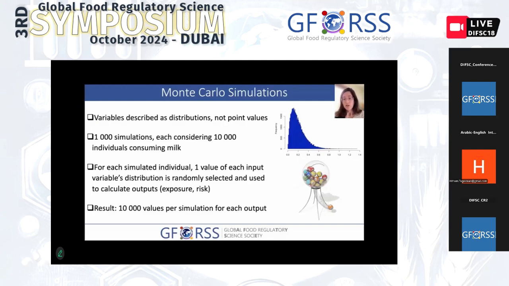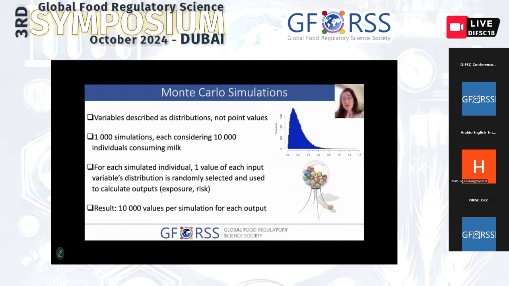The Monte Carlo simulation is programmed such that for each individual, a random value of each of these variables, so milk intake, milk contamination, and body weight, is selected from the corresponding distribution and combined to calculate a given exposure.